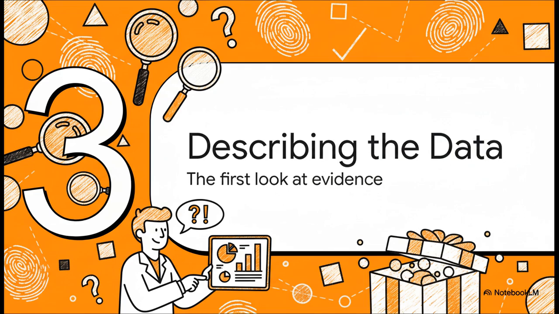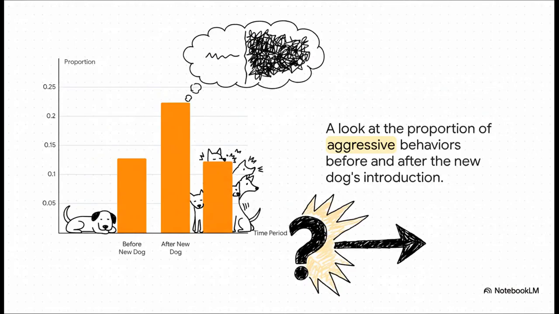Okay, so the method is set, and our data scientist has collected all the observations. The clues are in. Now it's time for the big reveal. What does the evidence actually show us? And boom, here it is, our first major clue. This chart shows the amount of aggressive behavior before the new dog showed up versus after. And wow, look at that jump.